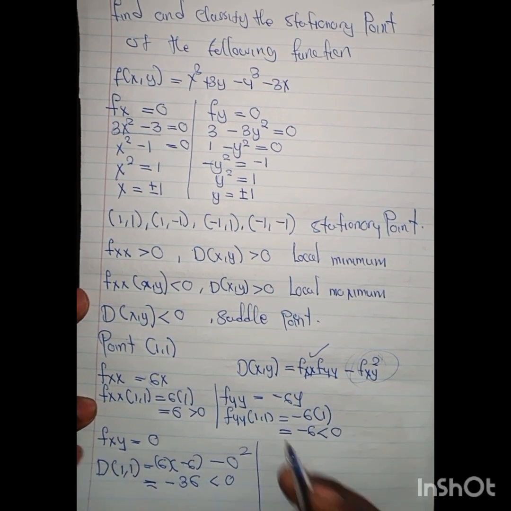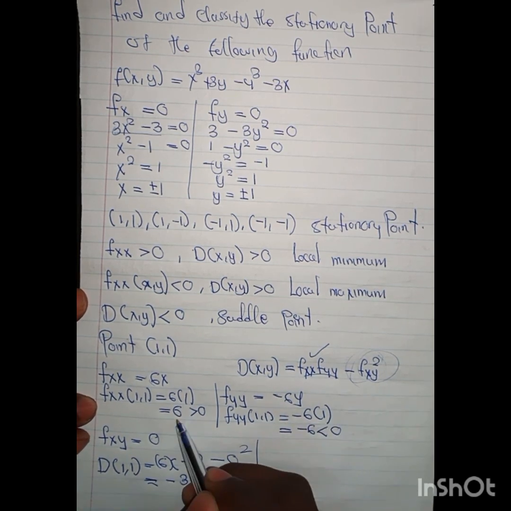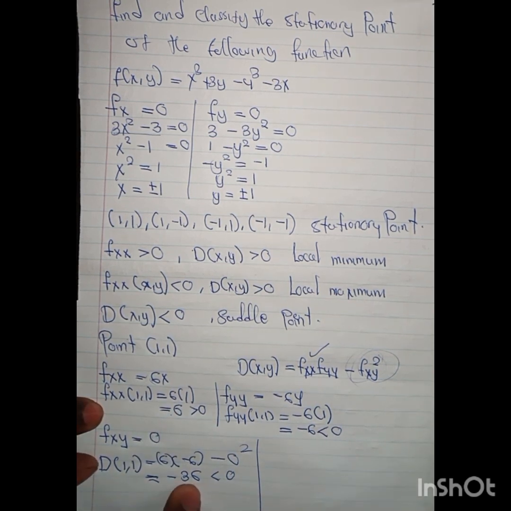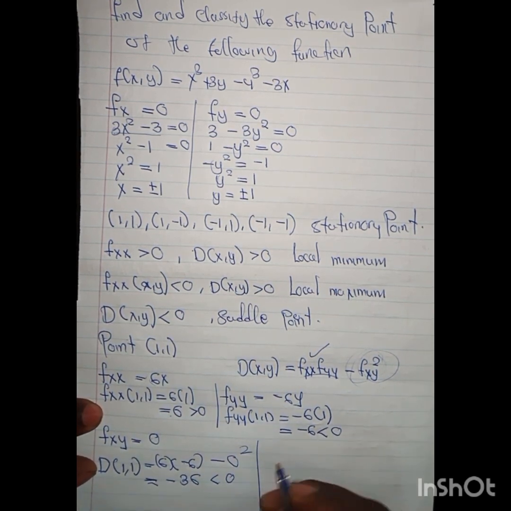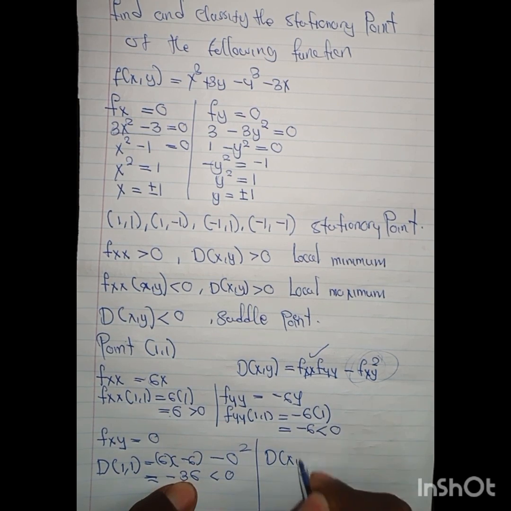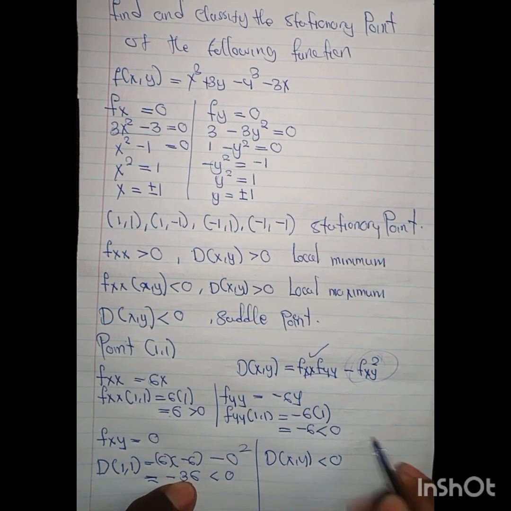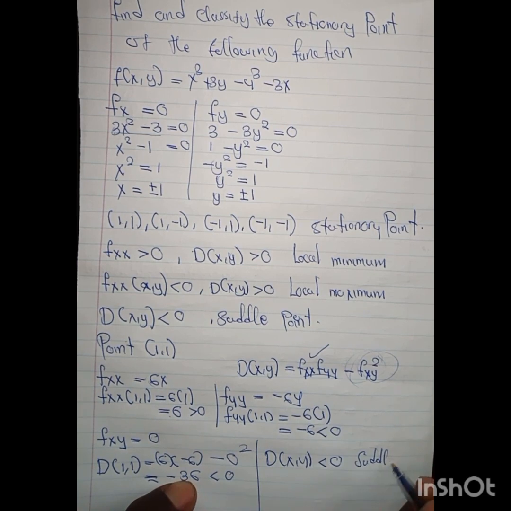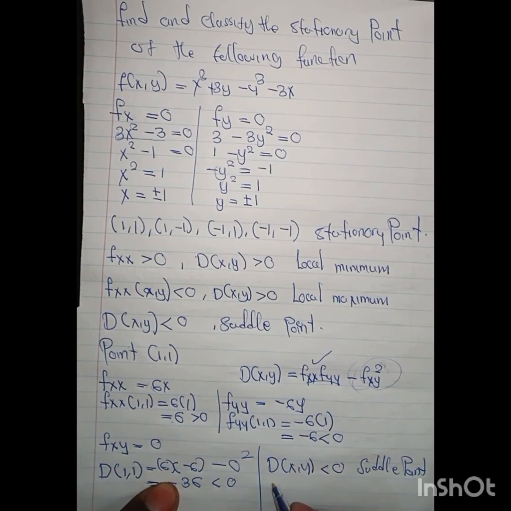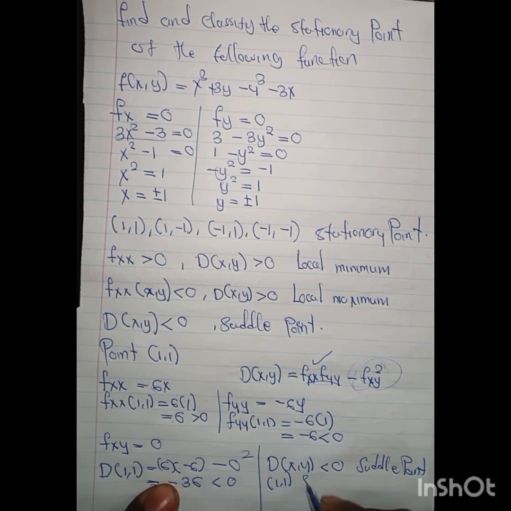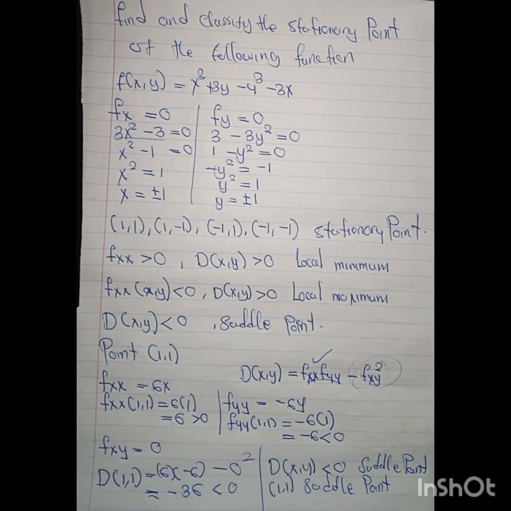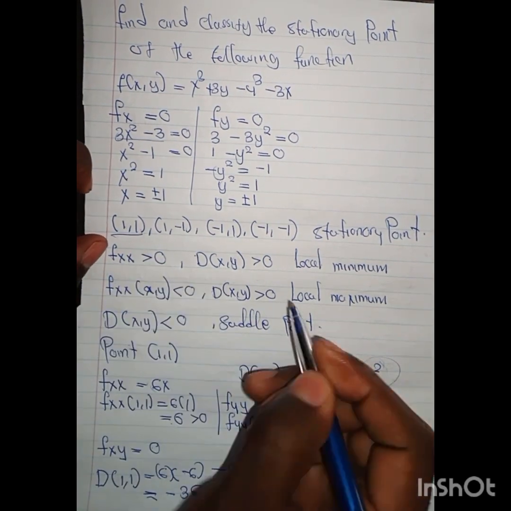We have f sub xx greater than 0, and D less than 0. We have said that when D at a point x and y is less than 0, we say that point is a saddle point. So it means the point (1, 1) is a saddle point. We are done now with this one. Now let us look at the second point.